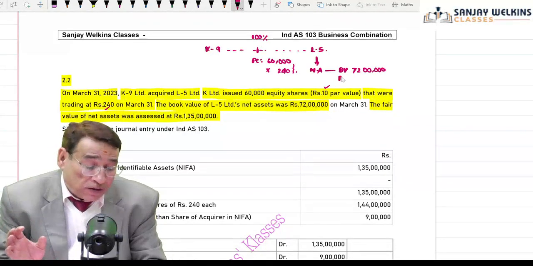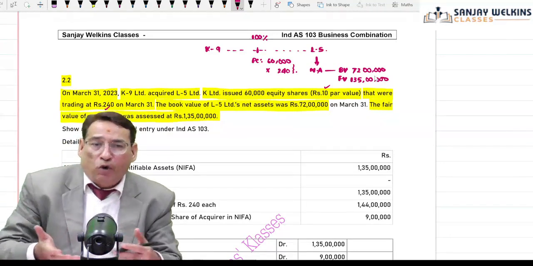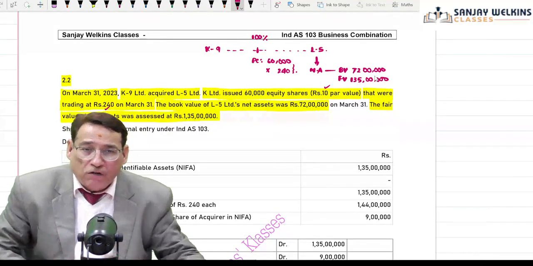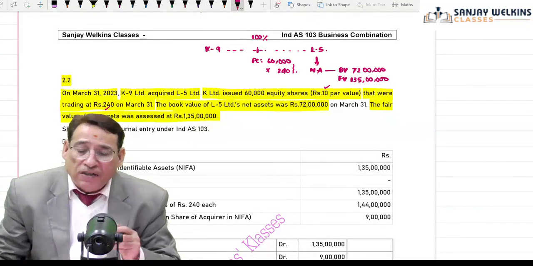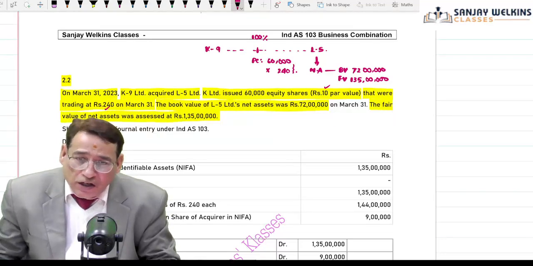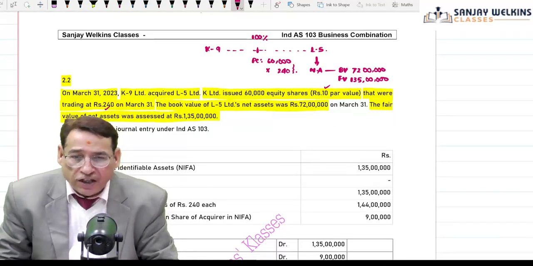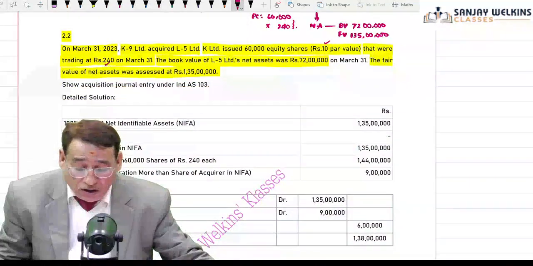We are more concerned with the fair value. And it is given also that the fair value of the net asset is equal to 135 lakhs. So if you analyze the question first, it will help you in solving it quite easily. So I want you to develop these habits. I'm not saying that you cannot do this question. I know very well that you can do it within a flick of a second, but still I would love you to actually understand all these things.